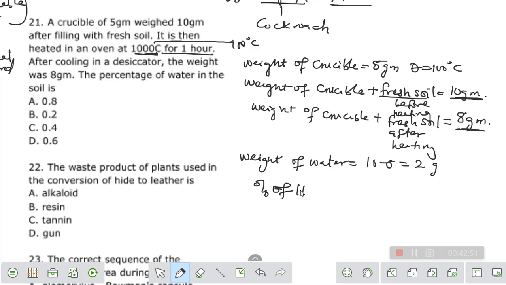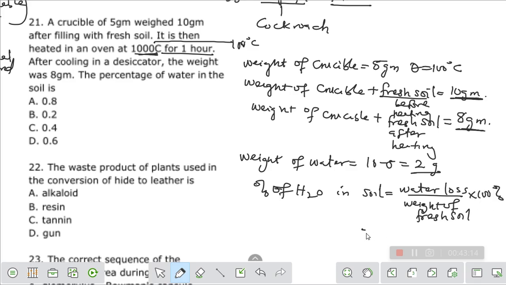What's the water loss? 2 grams. What's the weight of fresh soil? Now look at it. The weight of the crucible is 5 grams, but when you remove it from this 10, it becomes 5 grams. So that will be your weight of fresh soil. Then you multiply it by 100%, so your answer is 40%.